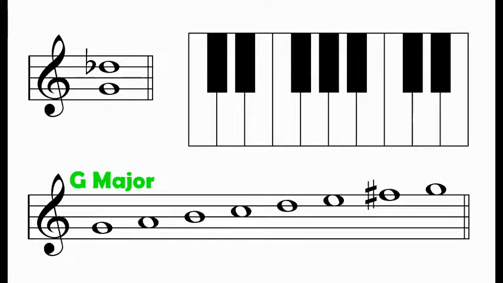Similarly, if I look at the distance between G and D flat, I can work out the full name of this interval by counting the distance between the bottom note and the top note. 1, 2, 3, 4, 5. This interval is a fifth, but when I look at the major scale of my bottom note, the G major scale, I can see that there is no D flat in the scale.